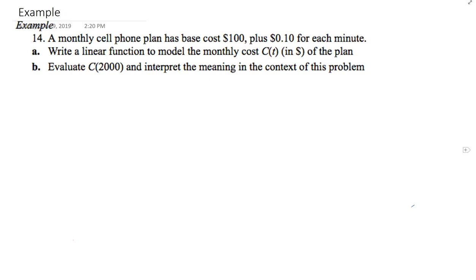This example says a monthly cell phone plan has a base cost of $100 plus 10 cents for each minute. We're asked to write a linear function to model the monthly cost C of t, in dollars, of the plan. First of all, we have our cell phone, and it has a plan.